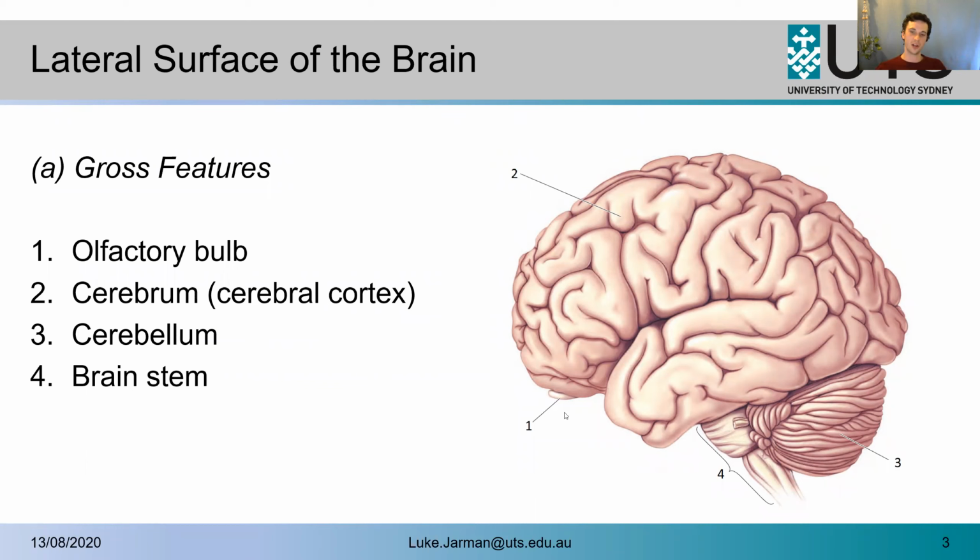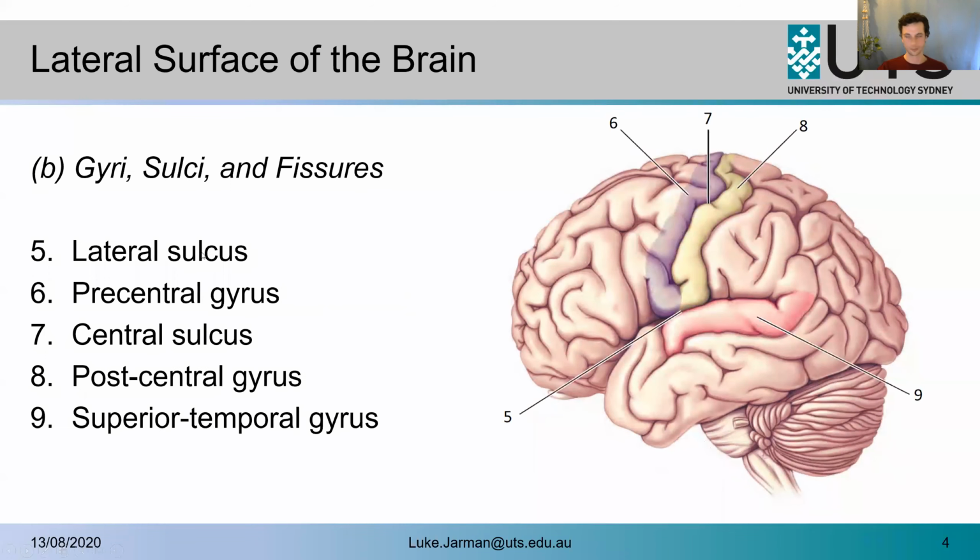The olfactory bulb is one of those specific organs that is on the outside of the brain, whereas most of it is just cortex. Then the back of it is the cerebellum, and then you have your brainstem. But when you talk about gross features of the brain, you're mostly talking about your cerebrum.